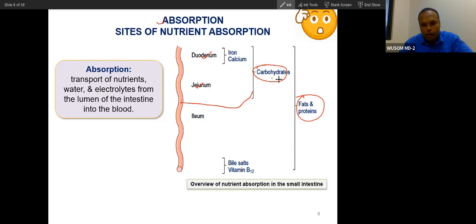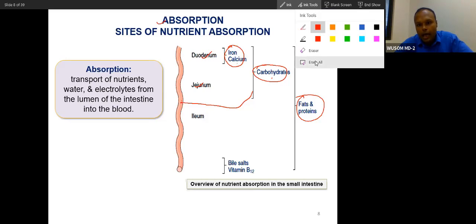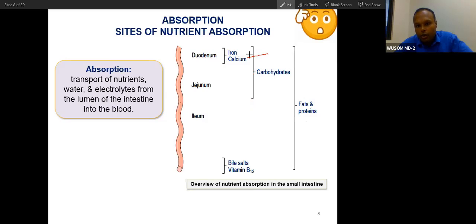These two are macronutrients, and these two micronutrients are very important. Okay, so these two are iron and calcium, and absorption happens in the duodenum. Iron and calcium absorption happens in the duodenum. So I will tell you, there is a 3D formula for calcium. What is the first D? The first D is duodenum, the second is DCT. Absorption happens for calcium in the duodenum.